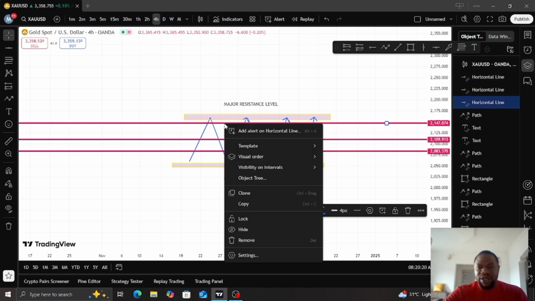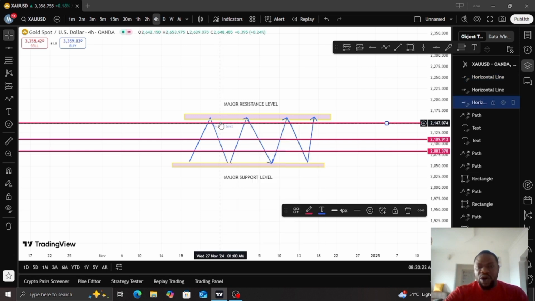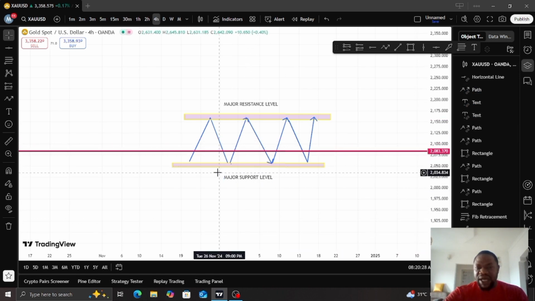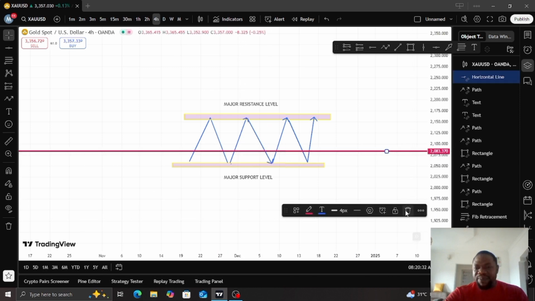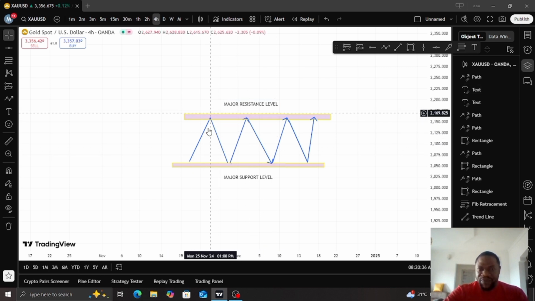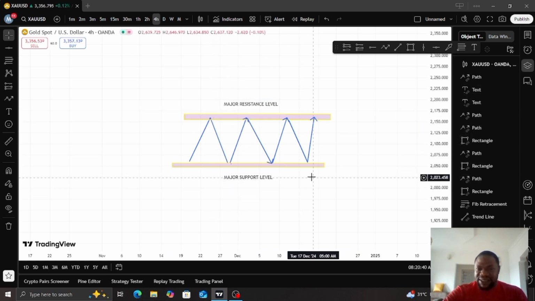If you have been drawing your support level and resistance level with multiple lines like this, please don't do that. So you go to your chart and please practice this as many times as you can. So you now understand what a support level is and what a resistance level is.